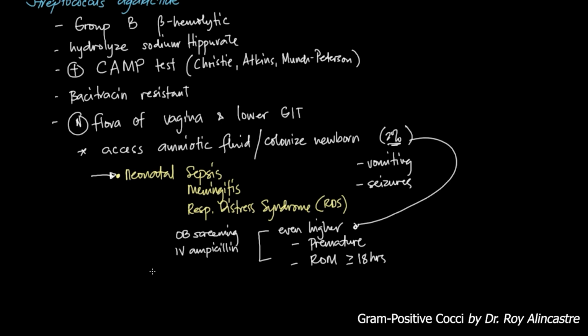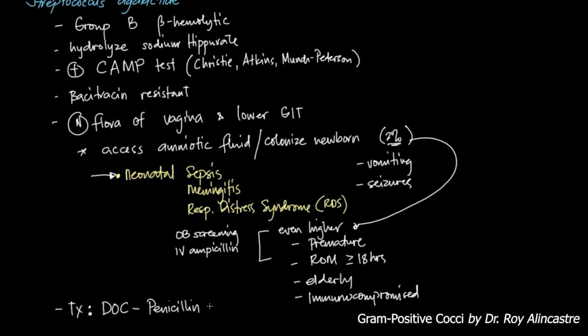And who are in labor, to prevent the colonization of the baby during delivery. Two more populations who are at high risk of infection are the elderly and those who are immunocompromised. For treatment, penicillin is still the drug of choice.